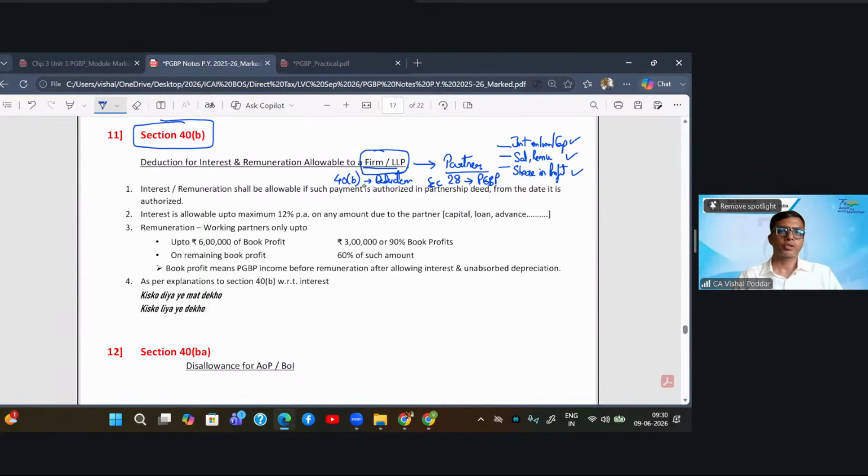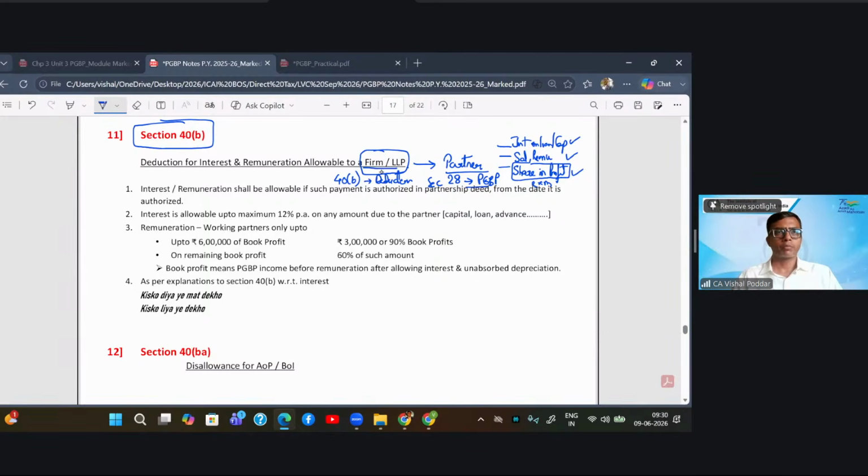Now what will be this deduction? The deduction will be subject to fulfillment of conditions. First thing, this amount is exempt in the hands of partners. Why? Because in the hands of the firm also, this is not their expense, rather this is the net profit of the firm on which the firm has already paid tax.